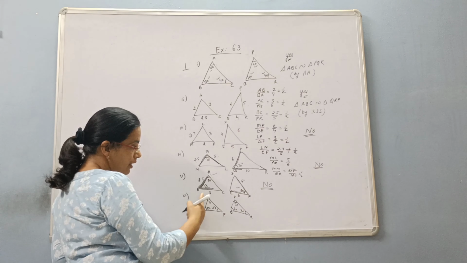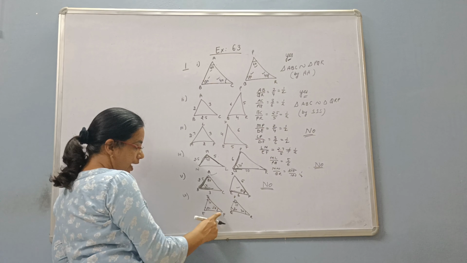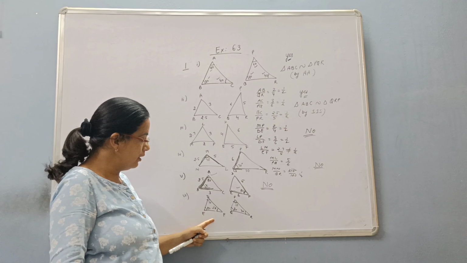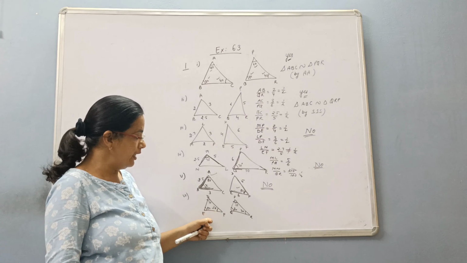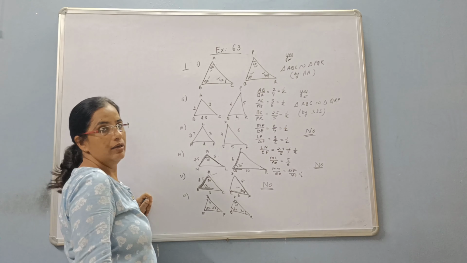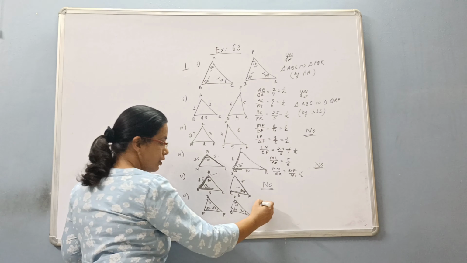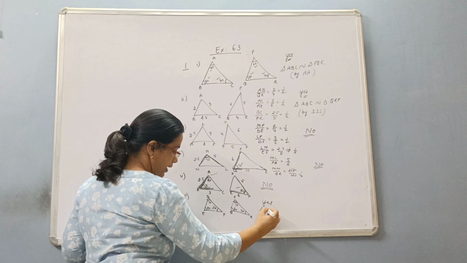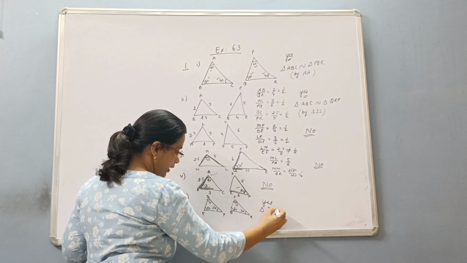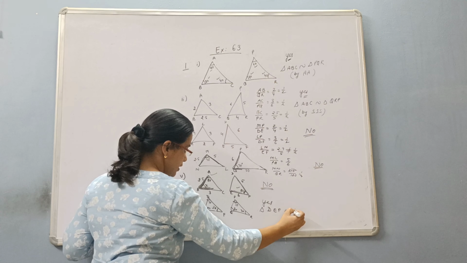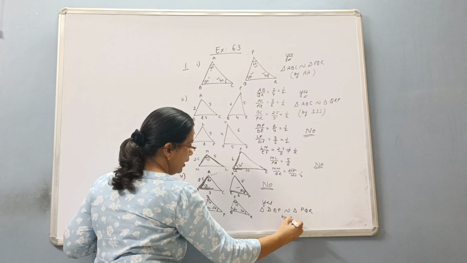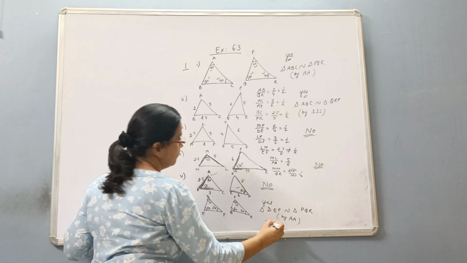So you can see angle D is equal to angle P, angle F is equal to angle R, and angle E is equal to angle Q. All the angles of triangle DEF are equal to all the angles of triangle PQR, so triangles are similar. Yes. Triangle DEF is similar to triangle PQR, again by AA similarity.